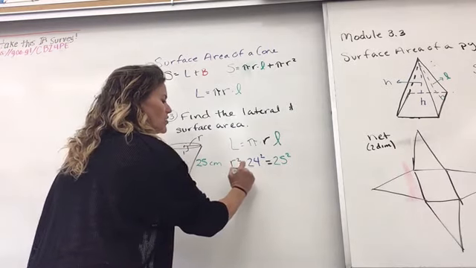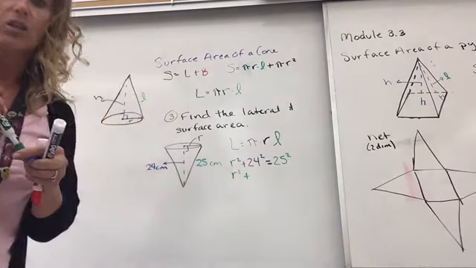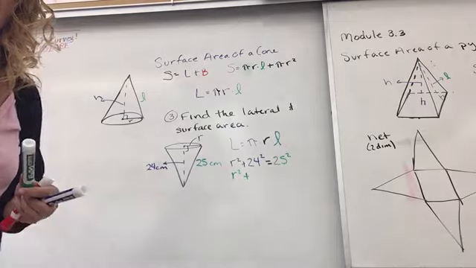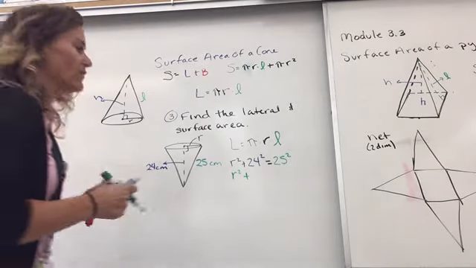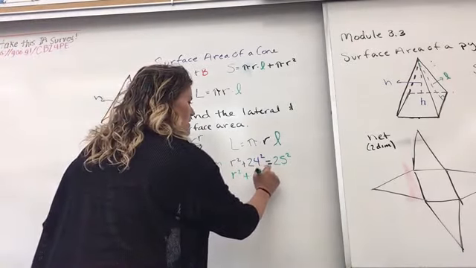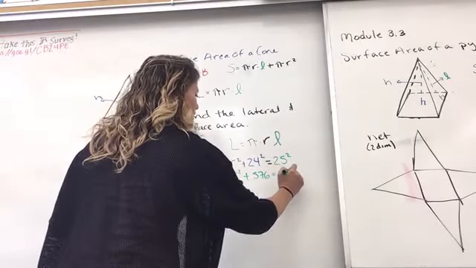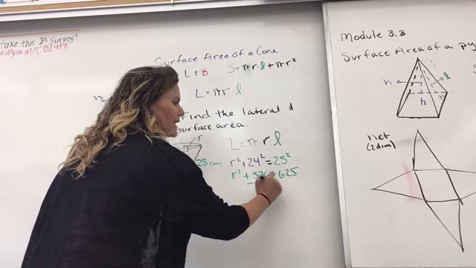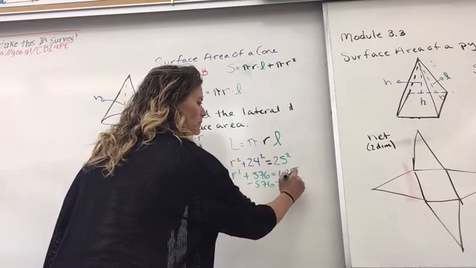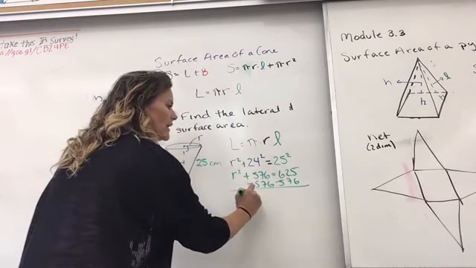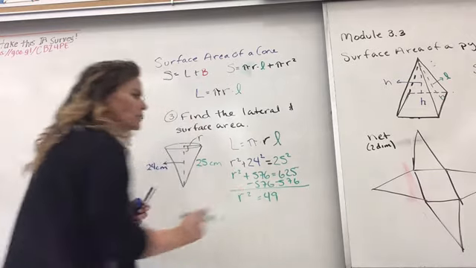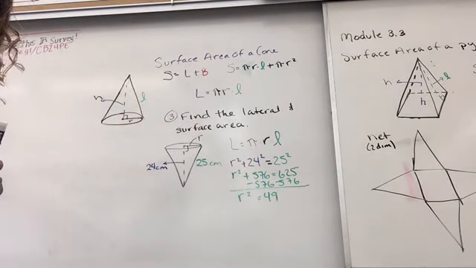So that means that r squared plus 24 squared, 24 squared is 576, is equal to 25 squared, which is 625. So when I subtract that over, I get r squared is equal to 49.